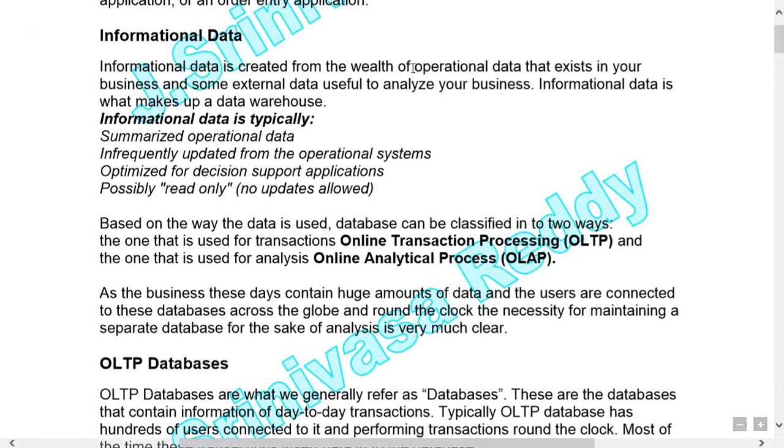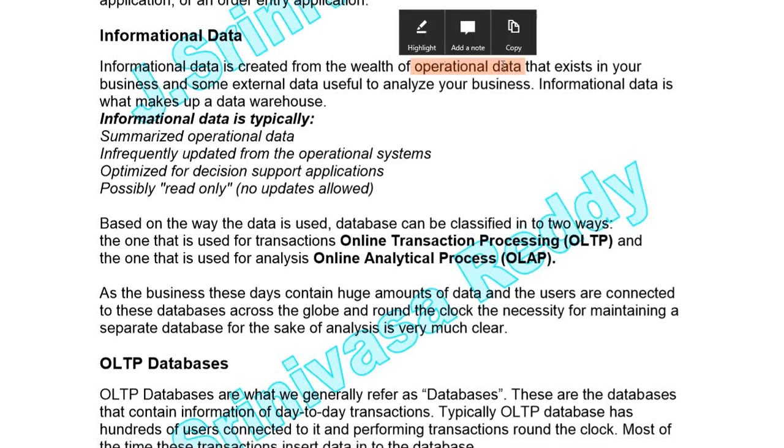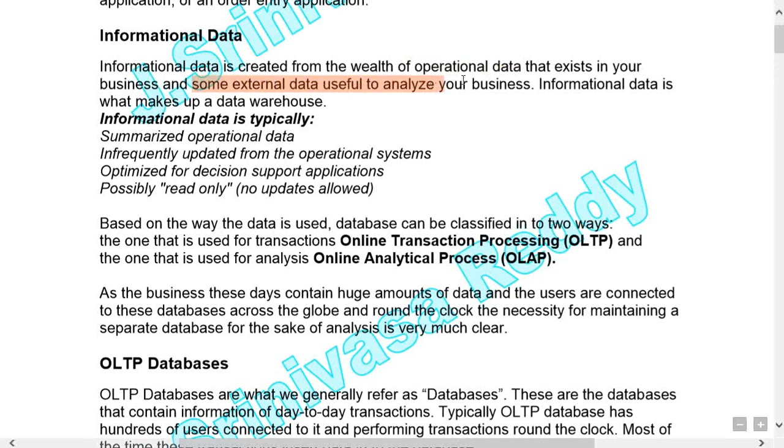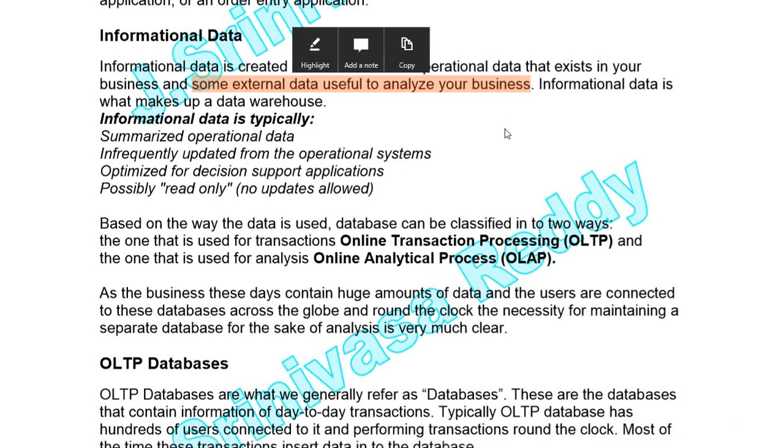Not only our internal business operational data, apart from this, we need to take some external data that is useful for analyzing our business. So the operational data generated by our internal business transactions plus some other data from other sources.